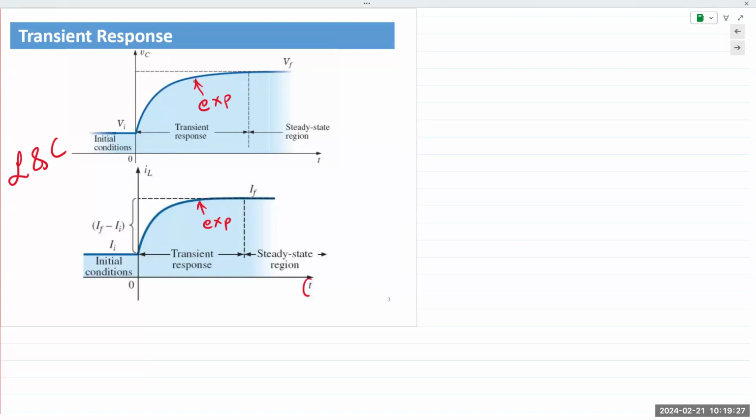Look at the x-axis, which is time. So this is time t equal to 0. And t equal to 0 is the time at which we begin our analysis, right? Again, remember, t equals 0 is always the time or the moment at which we begin our analysis.